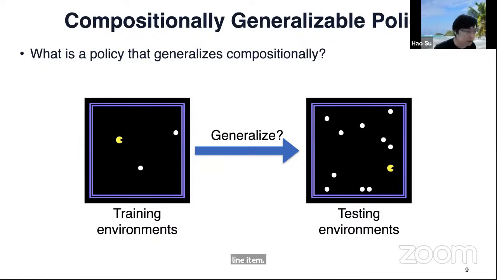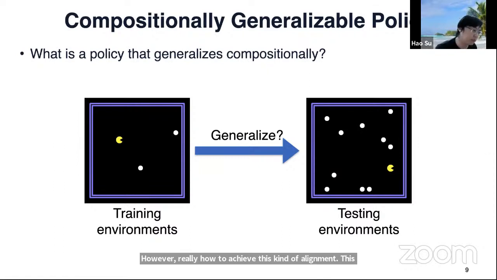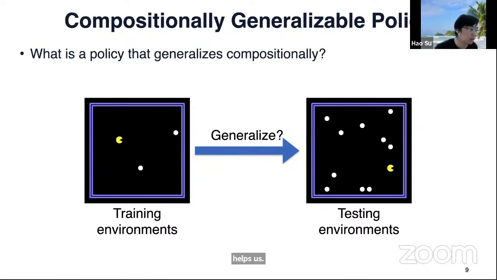However, how to achieve this kind of alignment is a tricky question. Maybe attention helps us, maybe architecture search helps us. Maybe there are also other approaches, like meta learning, that allow us to select good assumptions. But I believe it's really a good research question for the future.